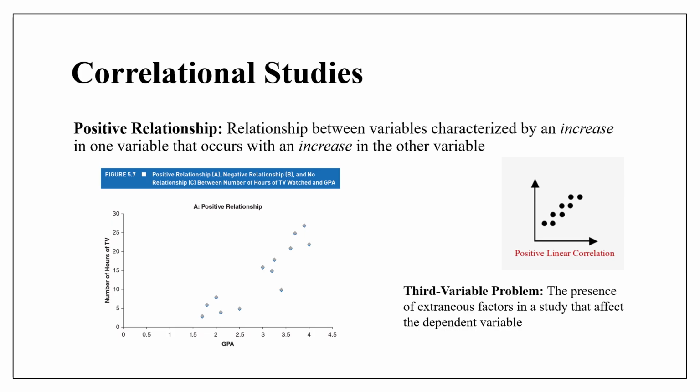And the third variable problem refers to the presence of an extraneous factor in a particular study that affects a dependent variable, meaning that there could be something else beyond the variables that we're working with, in this case, the number of hours of TV and the GPA, that is affecting, again, the variable of interest, which in our case will be the GPA.